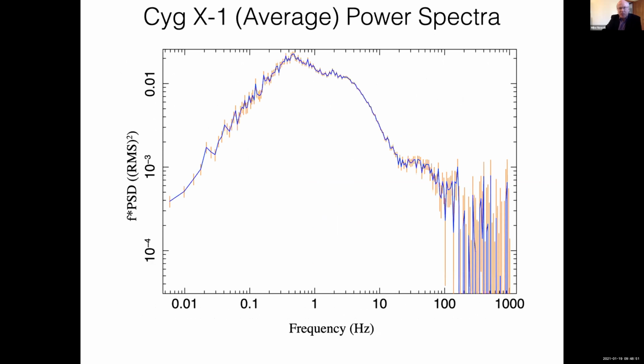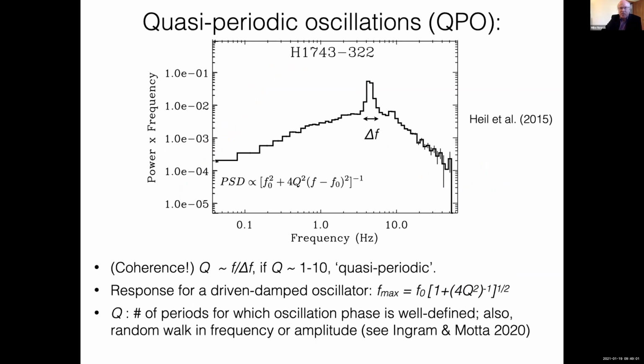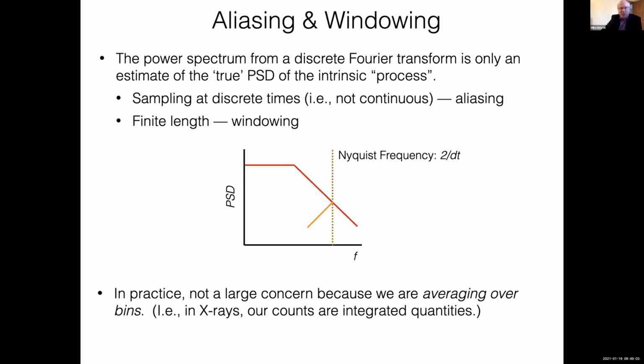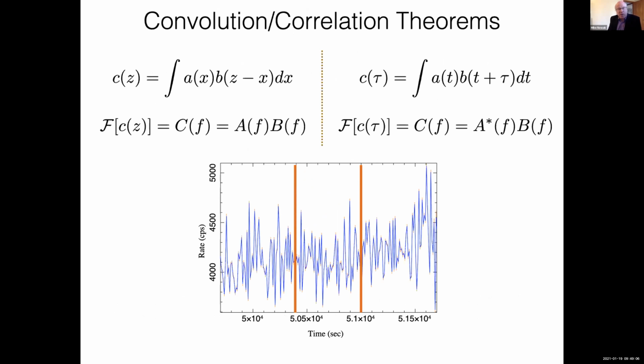Now, going back to Cygnus X-1, you can also see that the power is dropping off so rapidly at high frequency that there's not really much of anything to be aliased back into our lower frequency variability. For windowing, this comes to the convolution and correlation theorems. A convolution is basically taking an external function and smearing my light curve over this function.